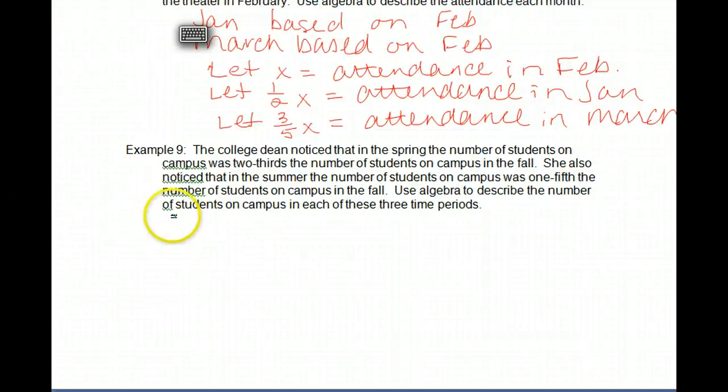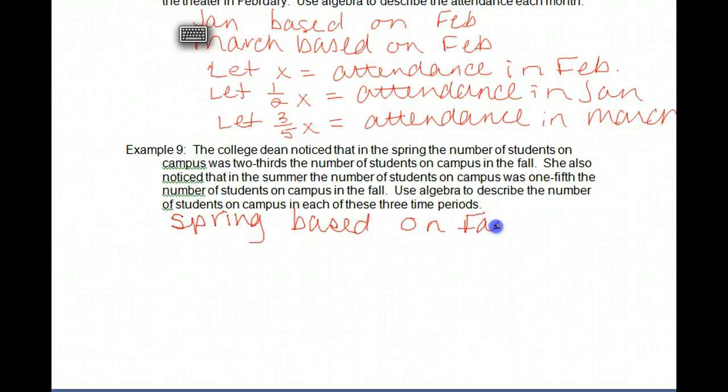That tells me that spring was based on fall. She also noticed that in the summer, the number of students was 1/5 the number of students in the fall. So summer was based on fall.